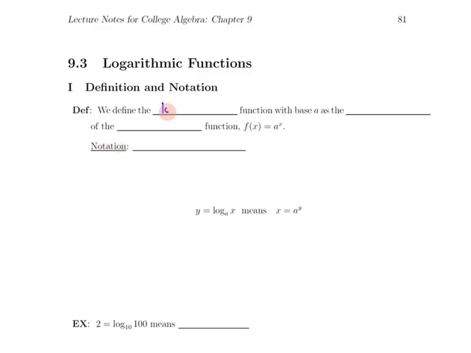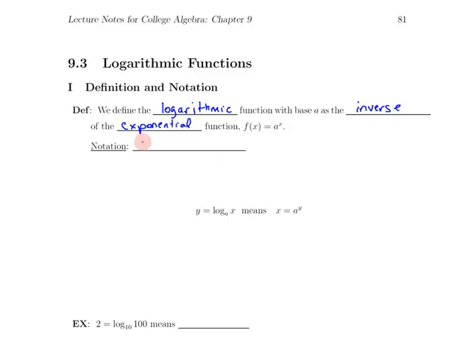We define the logarithmic function in the following way. The logarithmic function with base a is the inverse of the exponential function f of x equals a to the x. It's the function that undoes the exponential.